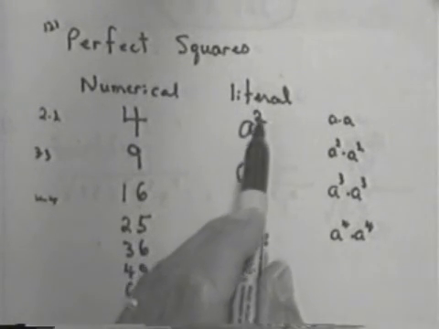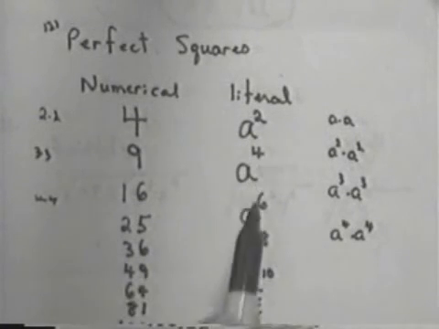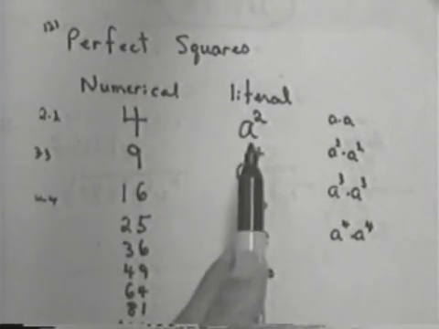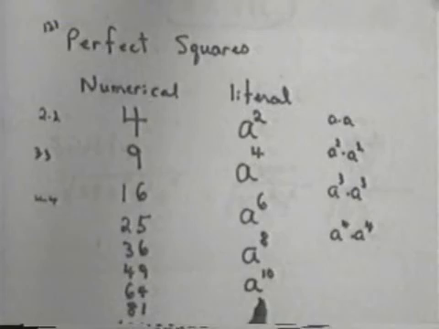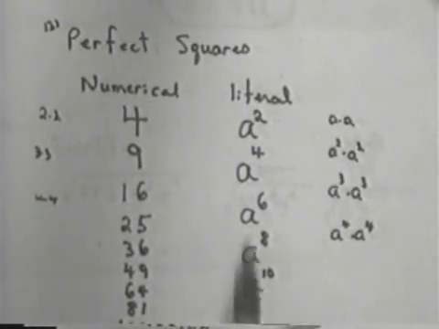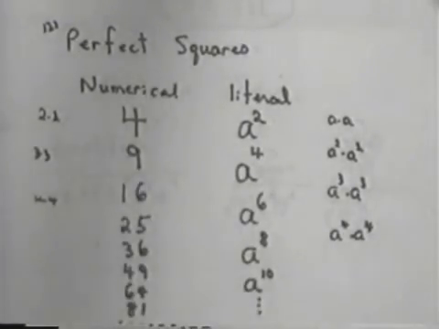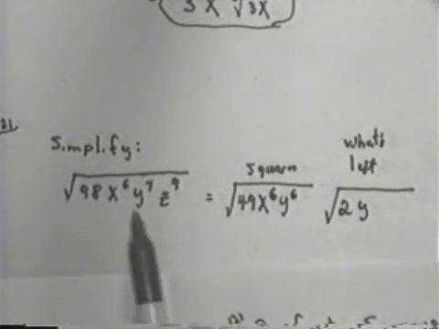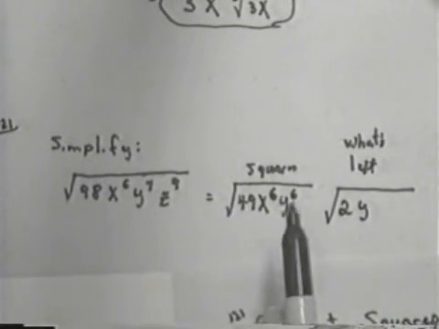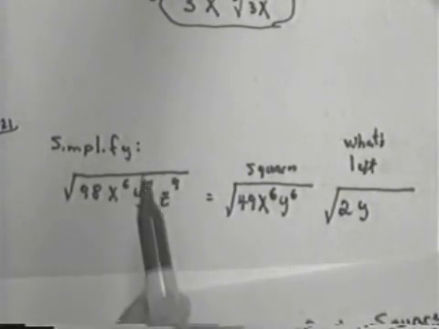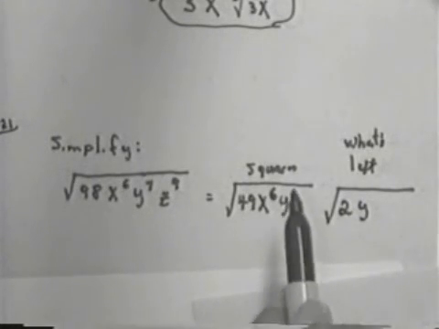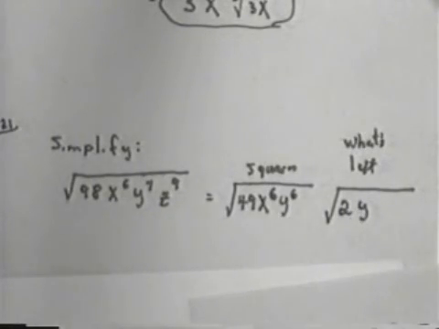But y to the 5th would still have another perfect square as a factor. So what I need to do is take the biggest of these that will divide into it. And the biggest of these squares that would divide into y to the 7th is y to the 6th. So I can write y to the 7th as y to the 6th times y.